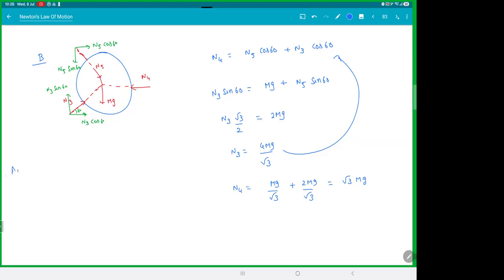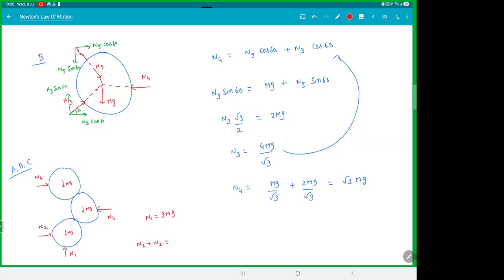Then let's take A, B, and C together. And do check out N4. I don't know why, I'm getting a very strong feeling it is wrong. Not sure why. This is N4, this is N6, and this is N2. We can clearly see N1 is 3mg.